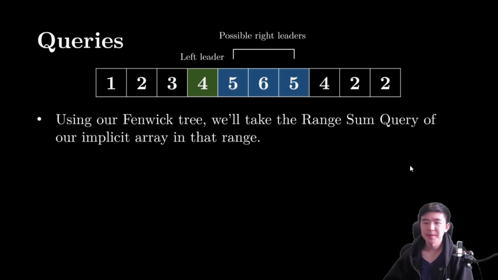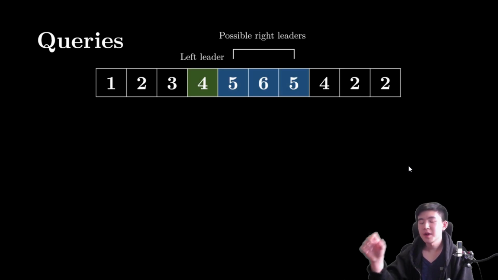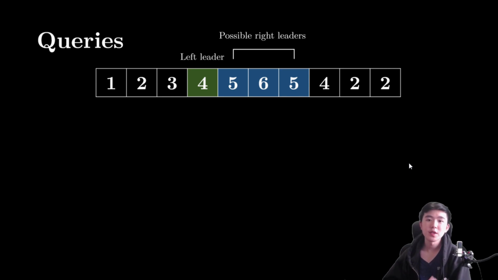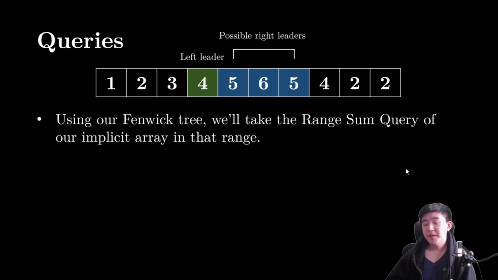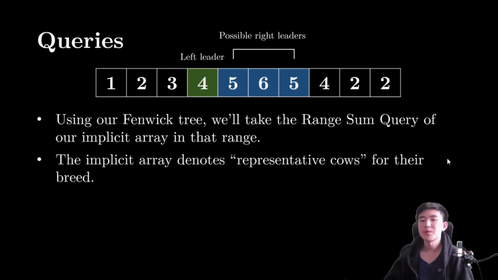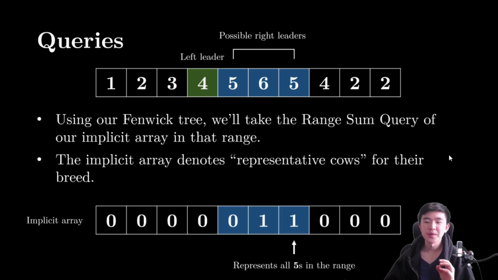Alright, now let's get on to unique range queries. So we have this example. We want to find the number of unique breeds in the blue interval so that we know how many right leaders there can be. Using our Fenwick tree, we'll take the range sum query of our implicit array in that range. And our implicit array has a very specific meaning. It denotes representative cows for their breed. For example, in this example, we have the representative cow being the rightmost 5.